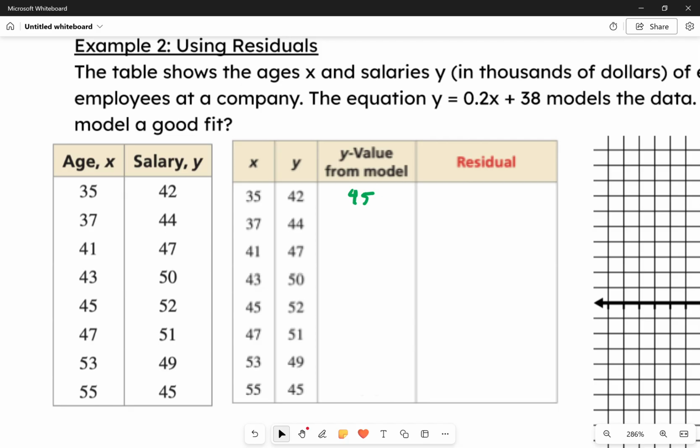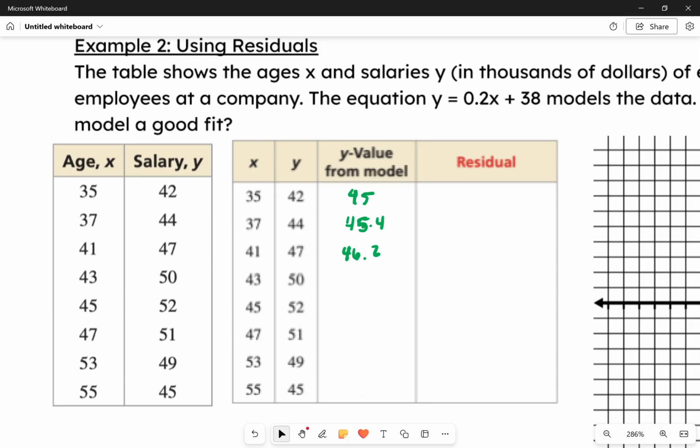37 times 0.2 plus 38 is 45.4. And hey, look, real quick, this one we're not going to be able to use our pattern necessarily because our X values aren't increasing by the same amount. So we're going to have to calculate each of these ones: times 0.2 equals that plus 38. I get 46.2.